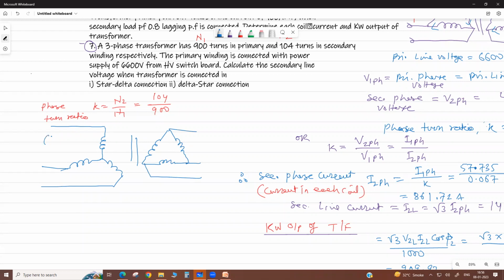Here it is given 6600 volt. This is the primary line voltage. He is asking for the secondary side line voltage.